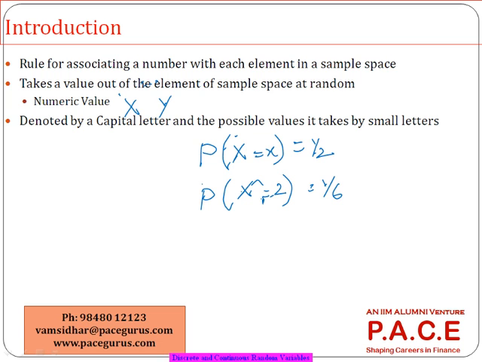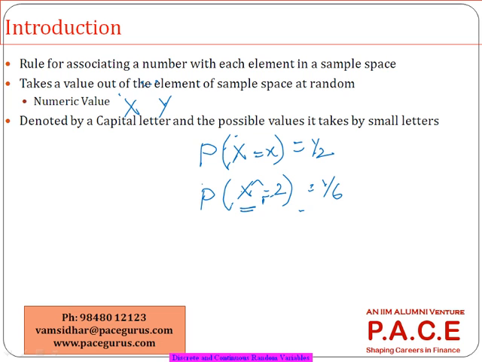There are 6 possible outcomes, out of which 2 can come as one of the outcomes. So the probability that X takes a value equal to 2, I say as 1 by 6. And this is the way we represent it.